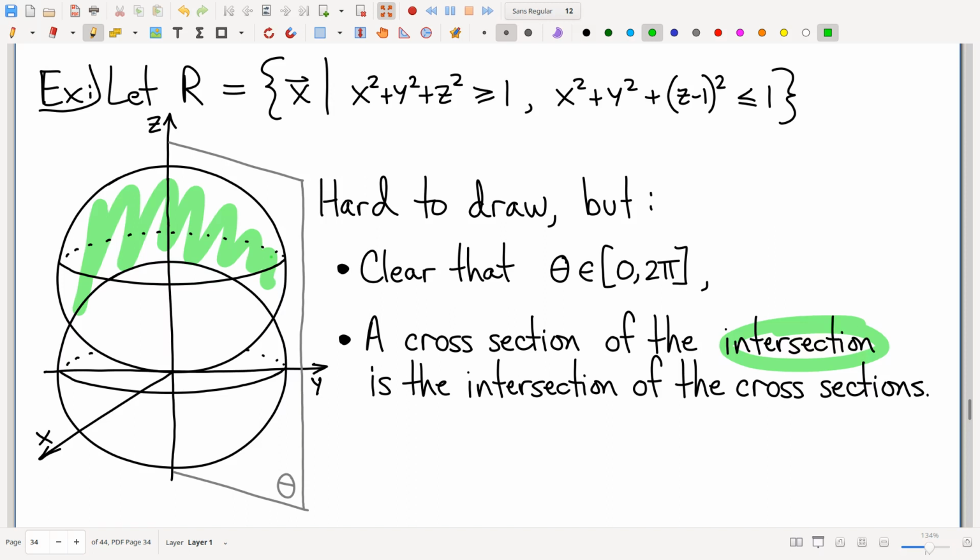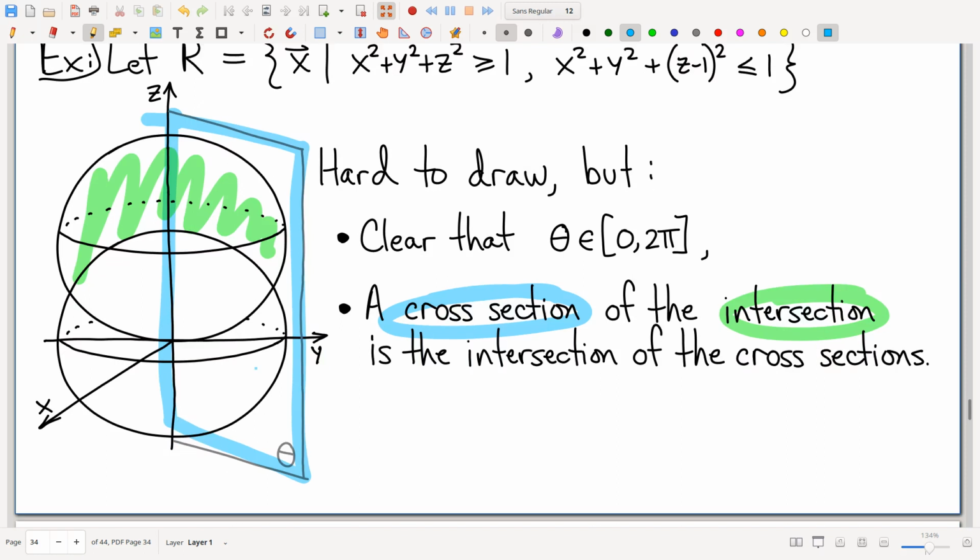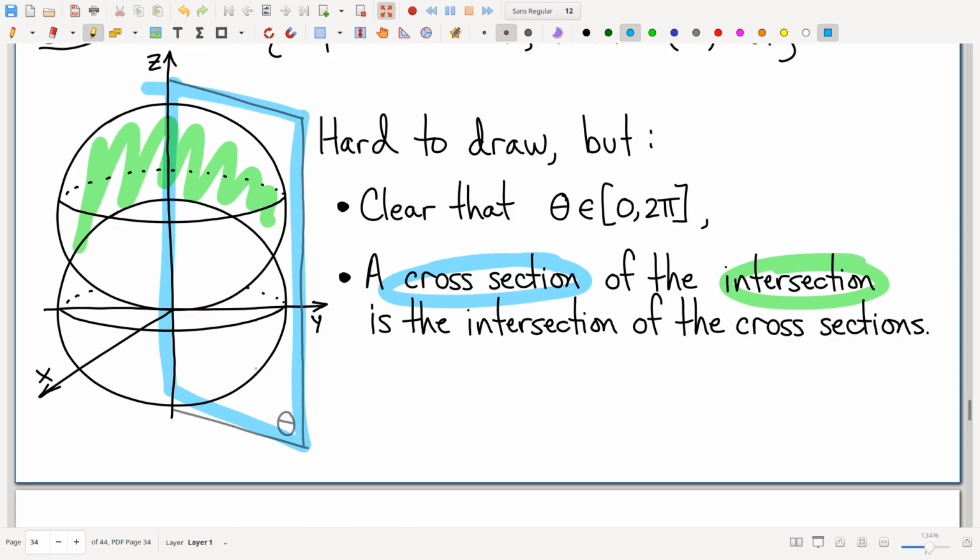And the big idea is that if you're taking cross sections of your intersection, and if that's geometrically hard, which I claim this one is, a cross-section of your intersection, you can just as well think of as being the intersection of the cross-sections. Said differently, you can take the cross-sections first. Forget about the intersection, just temporarily, right?